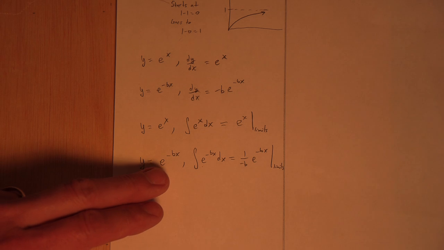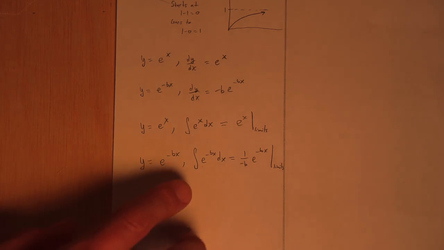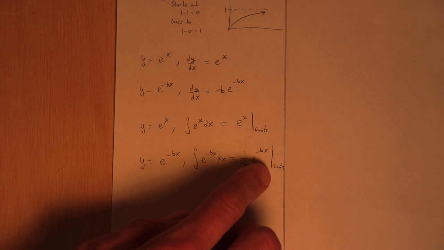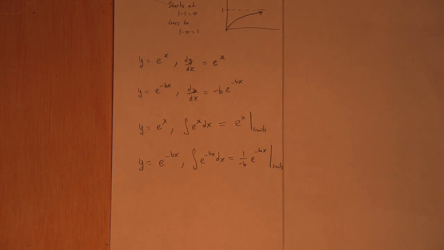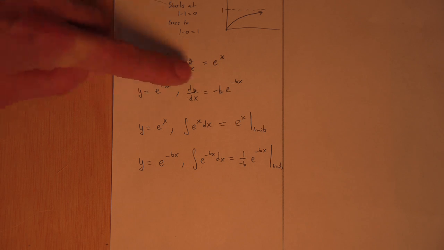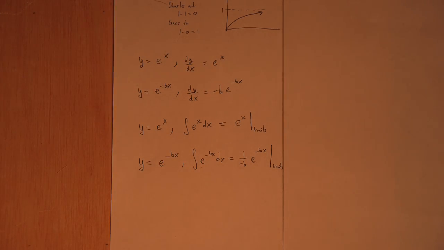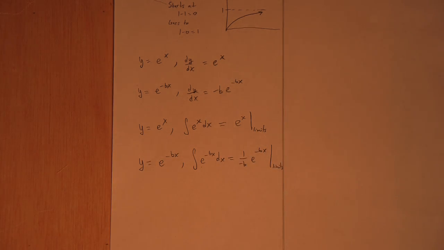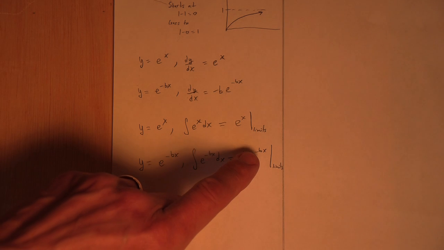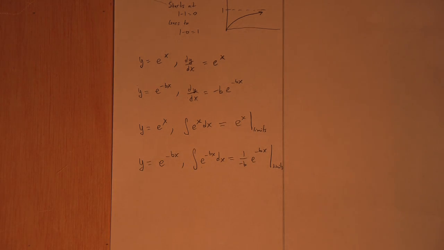But if you have e to the minus bx and you integrate that, then you have the original function, e to the minus bx, but instead of, in the case of the derivative, multiplying by the derivative of what's inside, you have to divide by it. The derivative of what's inside, minus bx, is negative b, and you divide by that instead of multiply for integration.